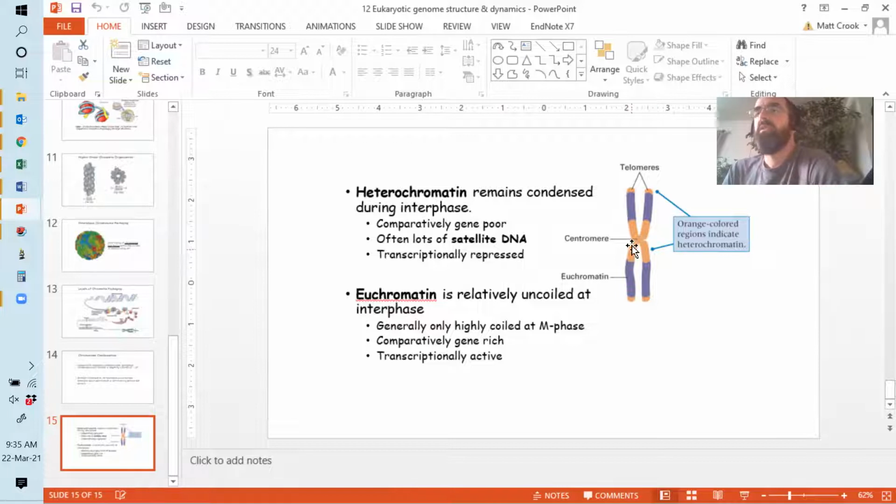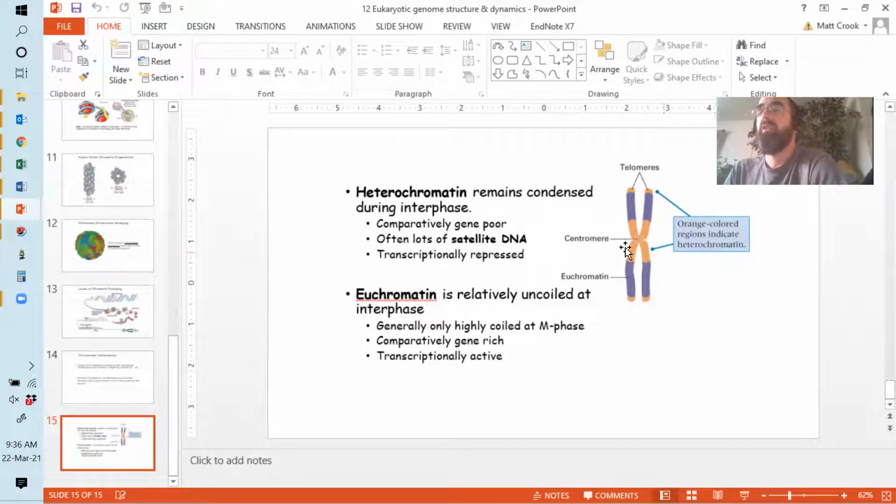And then between those two extremes, between the telomeres and the transcriptionally repressed DNA at the centromere, you have euchromatin, right? And euchromatin is chromatin that is much more accessible or can be more accessible. This can also be dynamic, right?